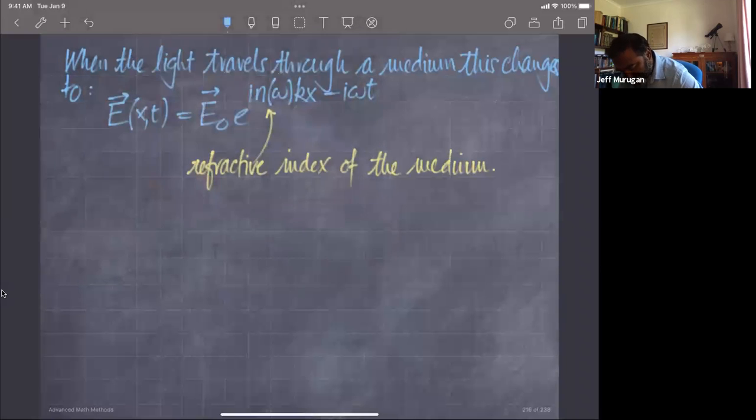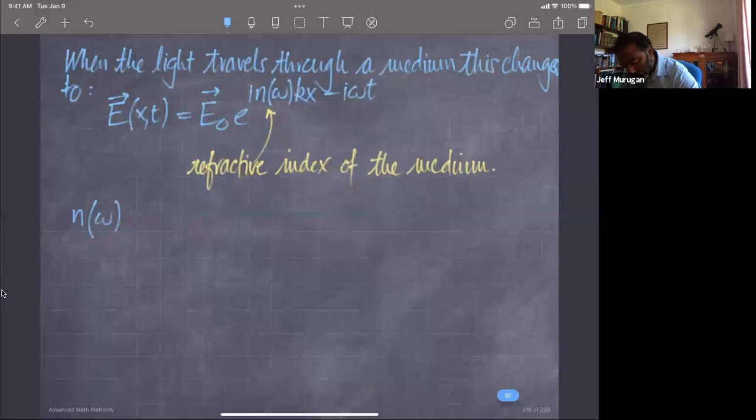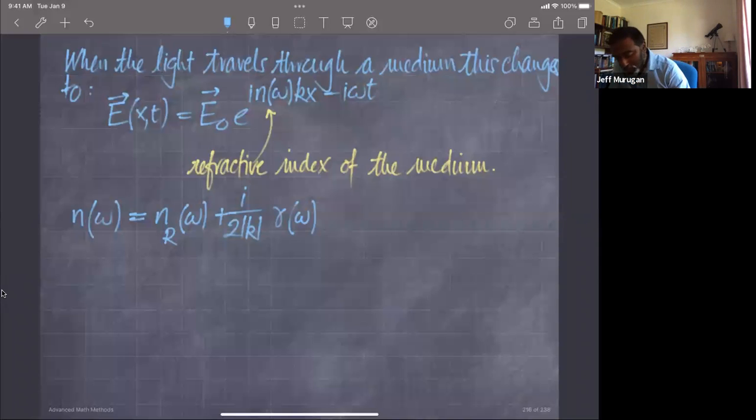And in particular, n of omega is a complex valued quantity that can be written as n sub r of omega plus i over 2 mod k times gamma of omega, where gamma here is what's called an extinction coefficient.